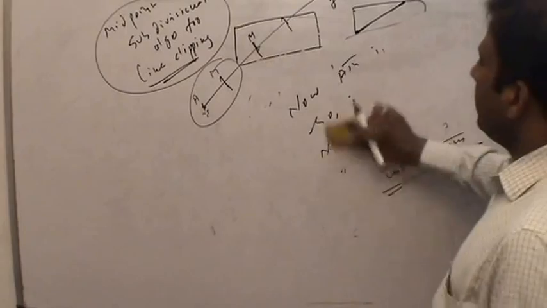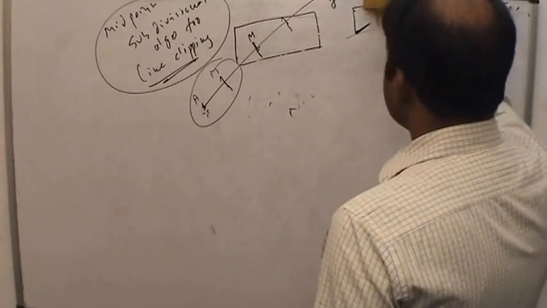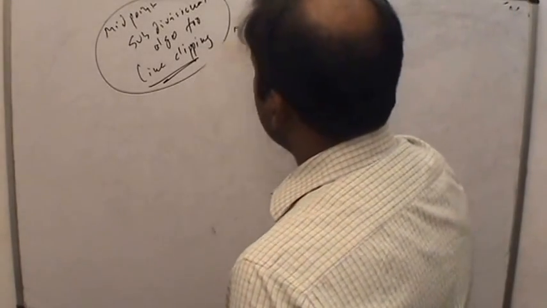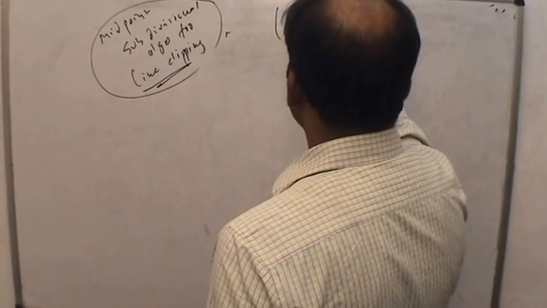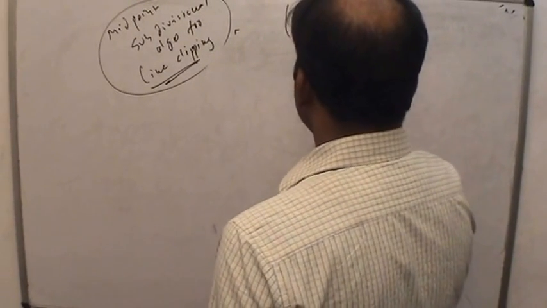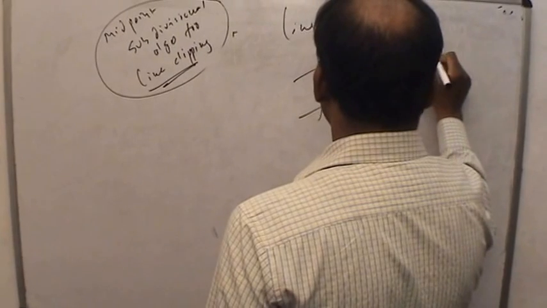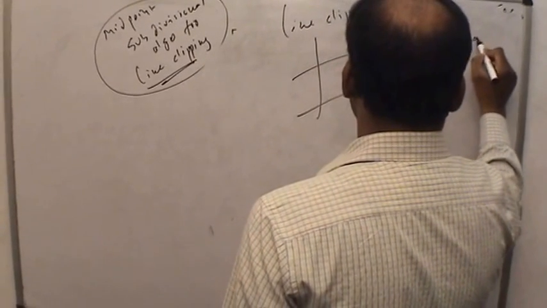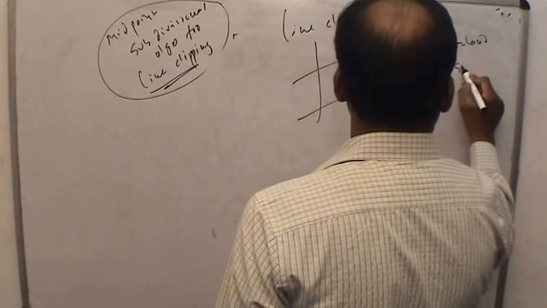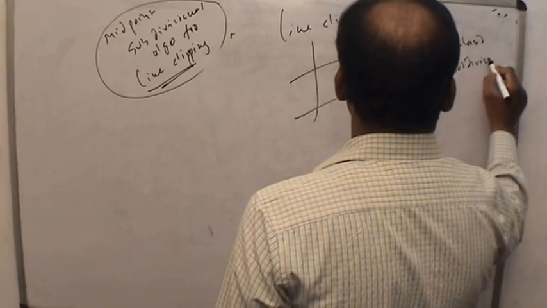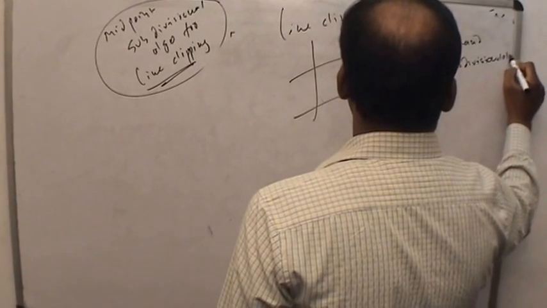So we have to study line clipping, according to Cohen-Sutherland and according to the midpoint subdivisional algo.